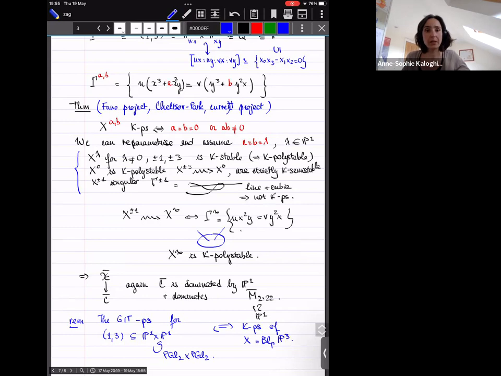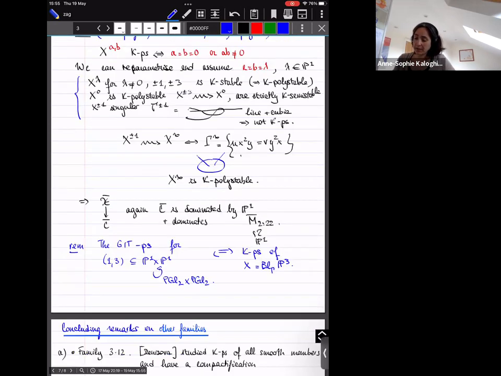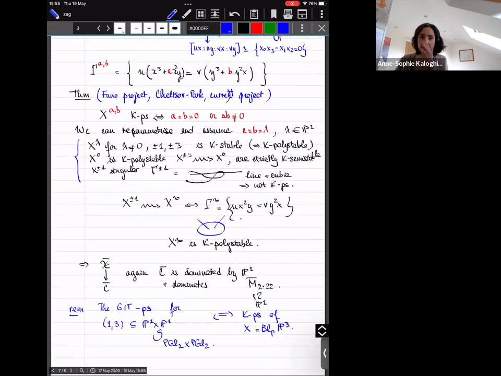So studying the GIT picture on the left, we do find that the two GIT polystable non-stable elements correspond to the curve you obtain for x0, so u x cubed equals v y cubed, and then this curve corresponding to the conic and two lines. And all the other possible degenerations lead to unstable curves.